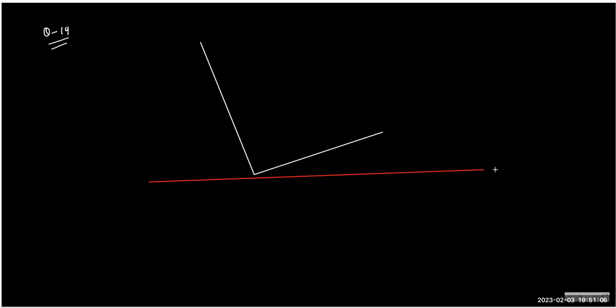Okay, so let me solve this. So these two planes are at right angle, right? So we have two spheres.